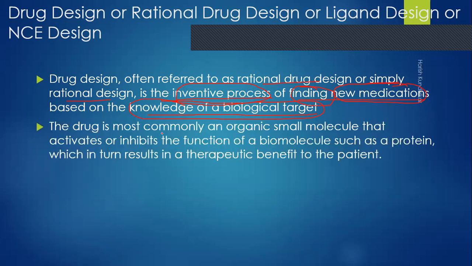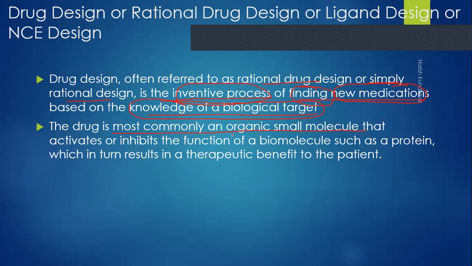So drug is most commonly an organic small molecule that we have already seen, right? We had classified the drugs into three different types, and we said that the most widely observed type of drugs are organic compounds. So more than 95% of the drugs that we use in today's world are organic compounds, right?